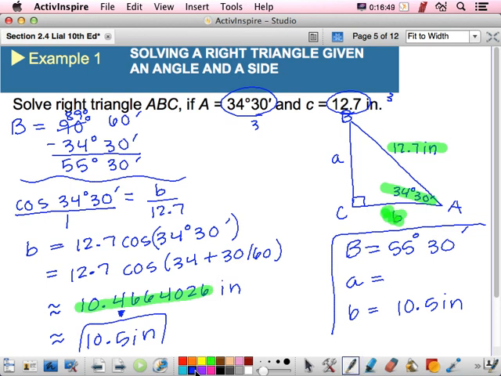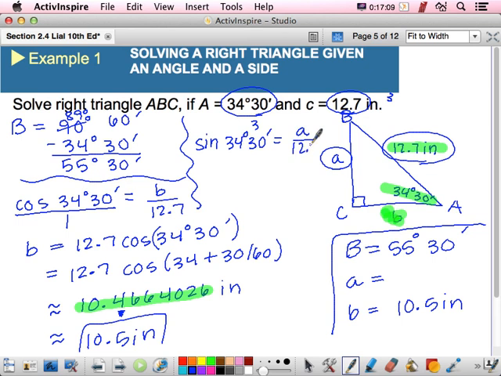All right, so the first time I used cosine, but to find little a, I need the opposite over the hypotenuse. So I need the sine. I'll just work it in right here. Sine of 34°30' must equal side a over 12.7.